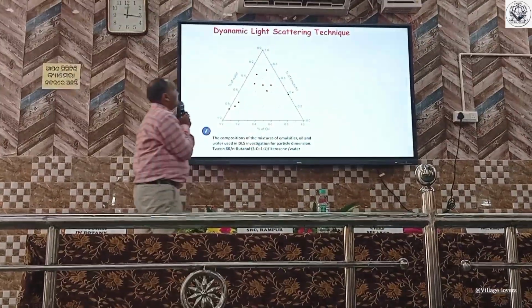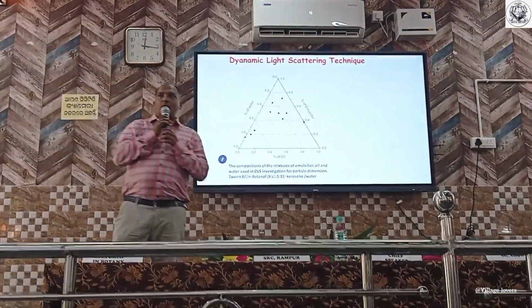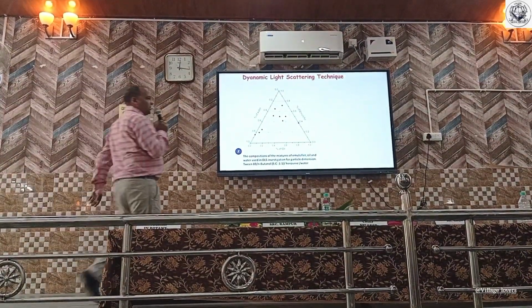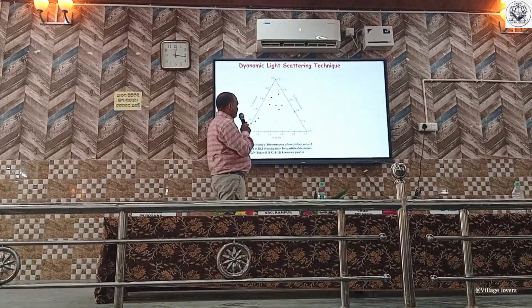Again, we have also taken dynamic light scattering. What is the particle size? There are two types of particle size, because this is a microheterogeneous system.